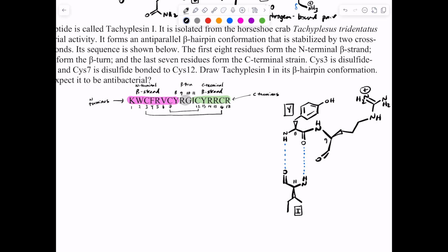Then you're going to draw the carbonyl carbon of the arginine residue, and then a line sort of straight downward for the amide nitrogen of the next amino acid in the turn, which happens to be glycine.